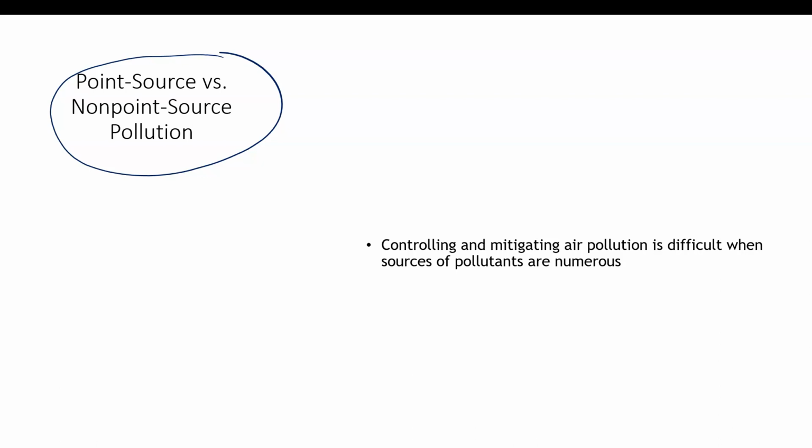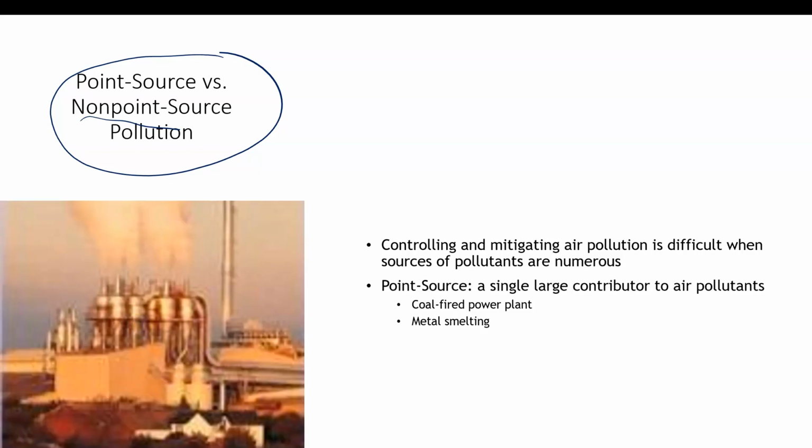Controlling and mitigating air pollution is often difficult when we have what's called non-point source pollution, which basically means whatever is causing pollution comes from lots and lots of small emitters. Some examples of point source pollution would be coal-fired power plants and metal smelting, basically where we can trace the emissions of certain pollutants back to a single spot.